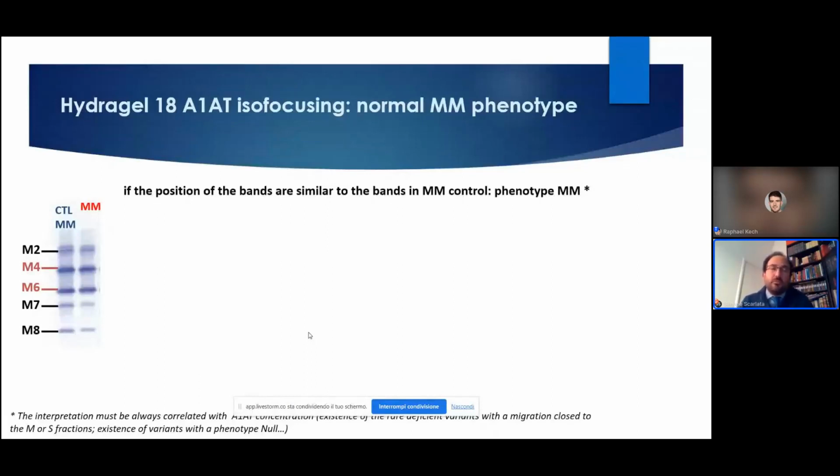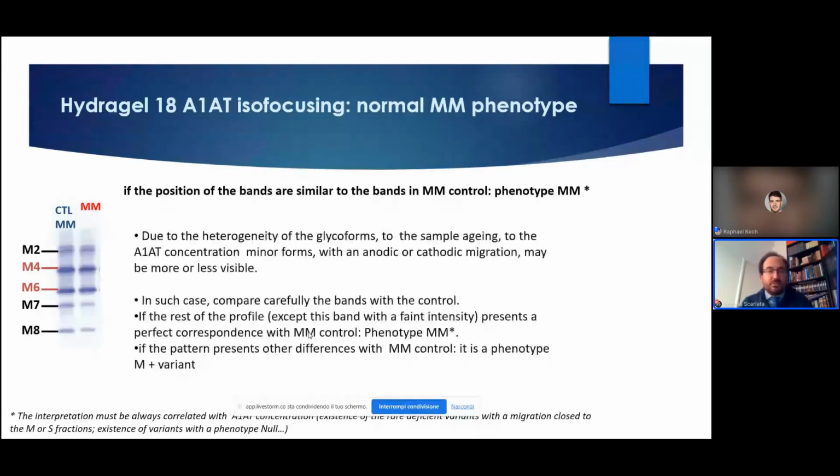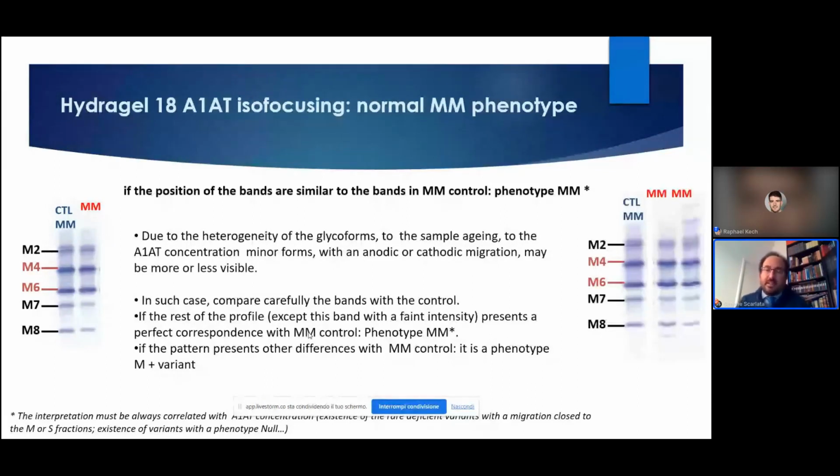This confirms that the patient has a normal phenotype and no mutations at all. Here you can see other normal variants, and double check with the control that confirms the diagnosis.